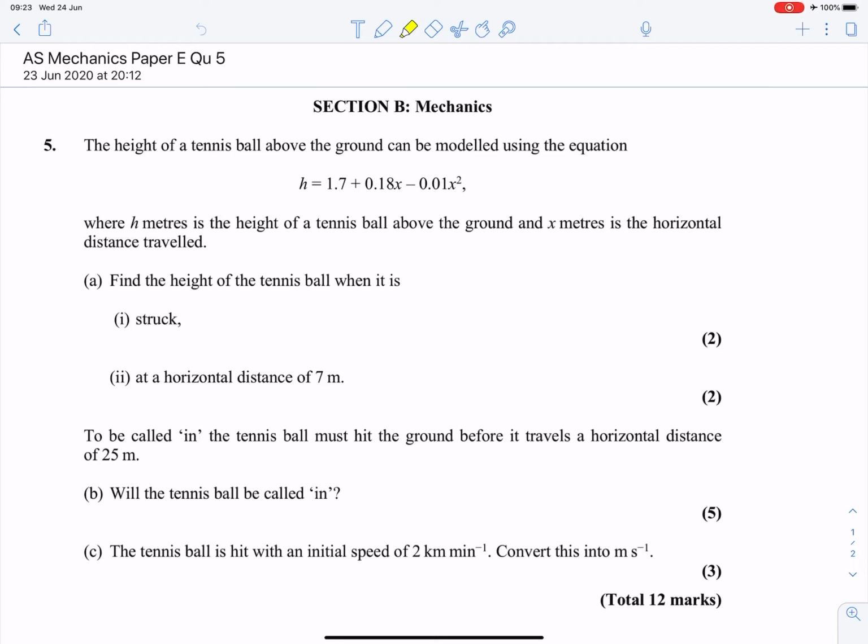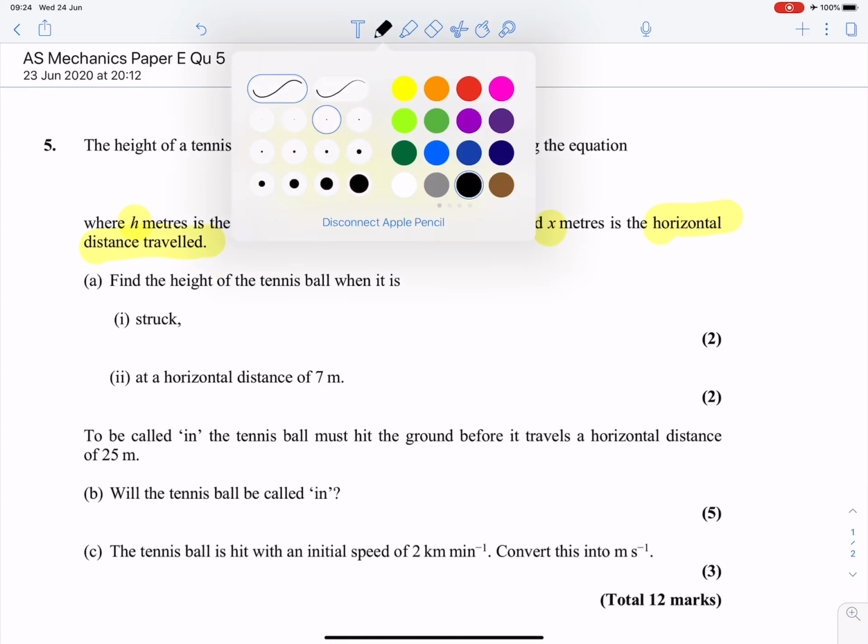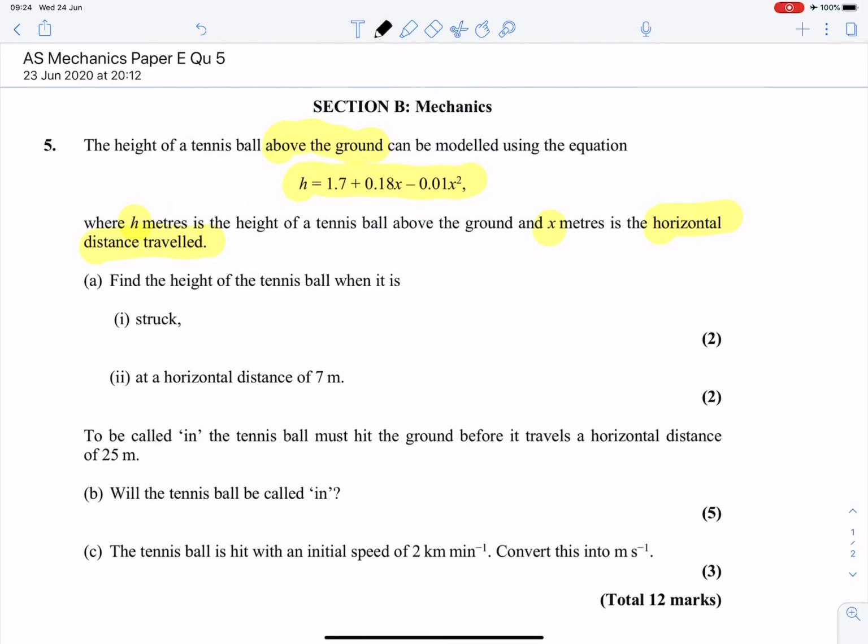The height of a tennis ball above the ground can be modelled using the equation, where h meters is the height of the tennis ball above the ground, and x is the horizontal distance travelled. Find the height of the tennis ball when it is struck. So when it's struck, that's got to be before it's moved.